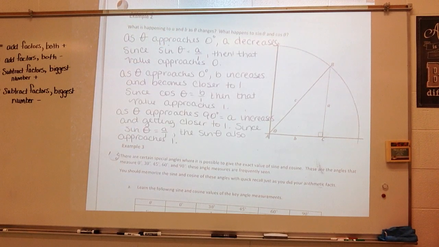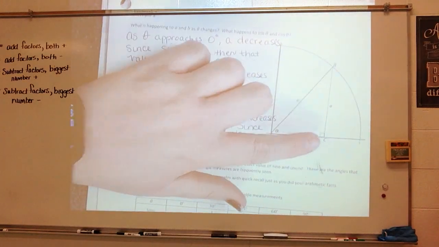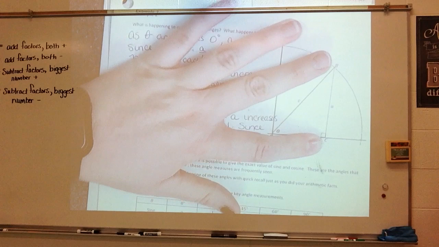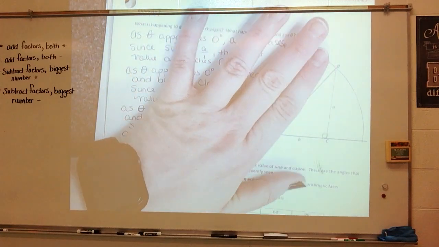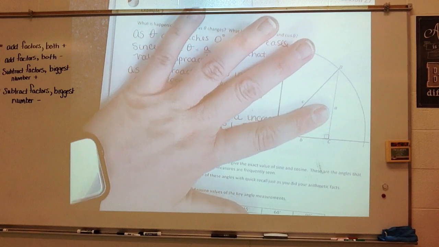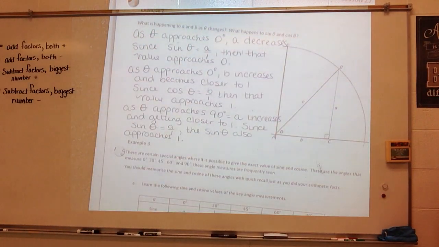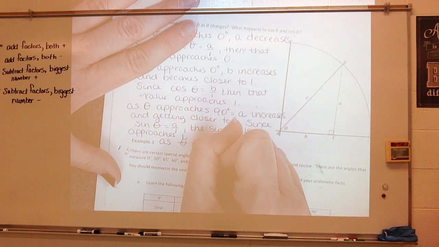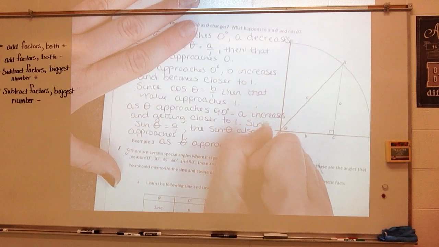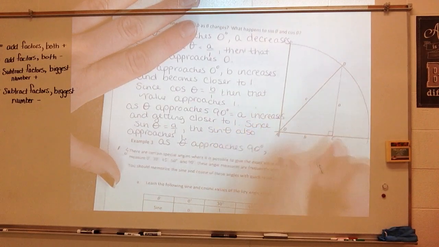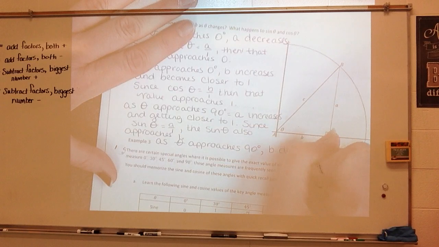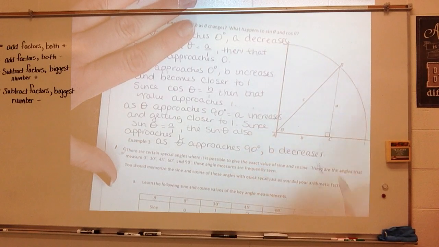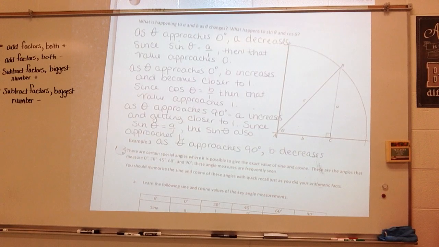Now let's talk about B as the angle approaches 90. So here is my B. If A is getting longer and that angle is opening up, what's happening to B? B is going to decrease. So as the angle approaches 90, B decreases. B is decreasing and it's getting closer to 0.